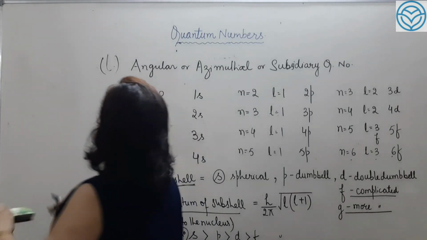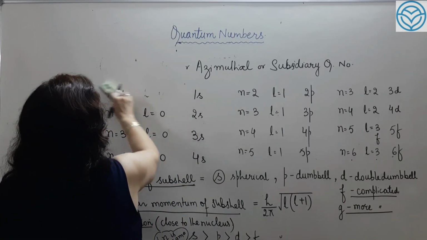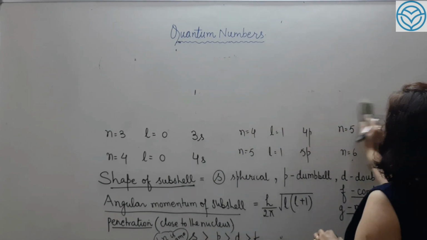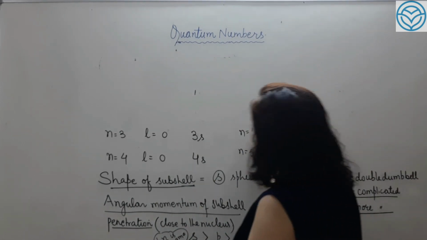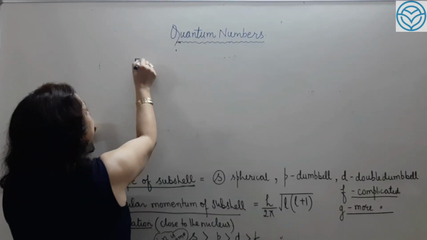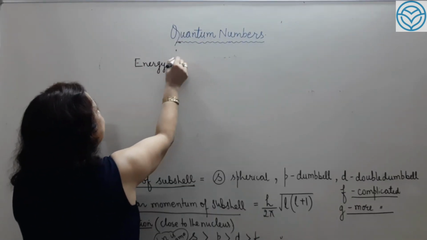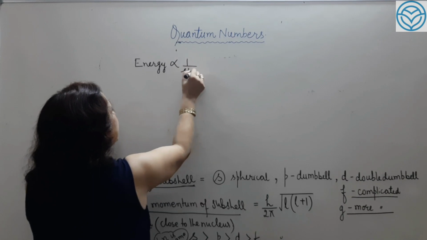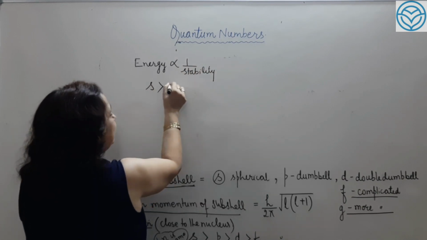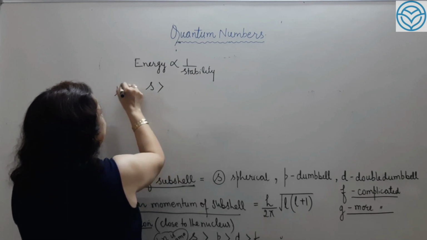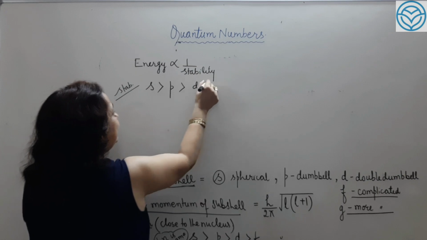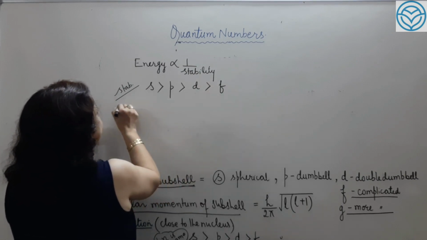This is about penetration. After penetration, we can understand that when S is more penetrated, it means it is close to the nucleus. And when it is close to the nucleus, it has energy which is inversely proportional to stability always. So S is more stable. This is stability: then P, then D, then F. So what is the energy order?